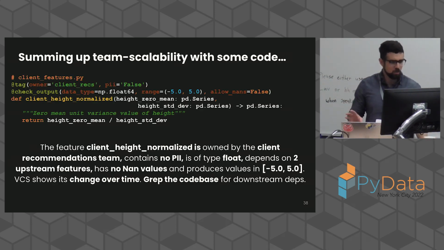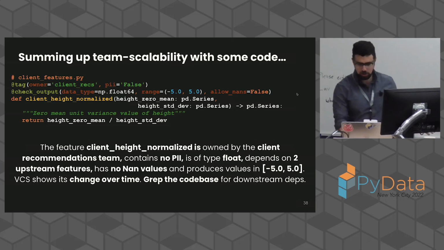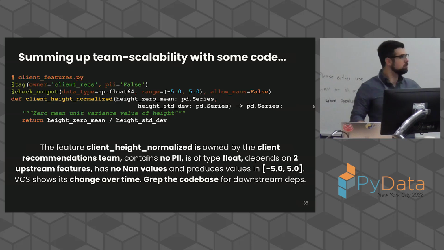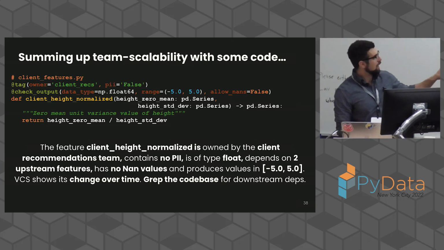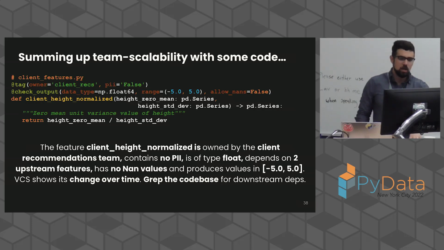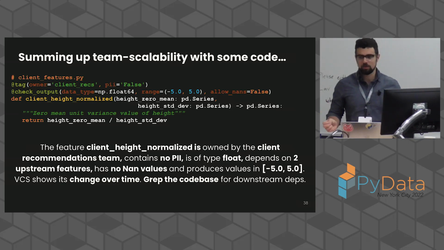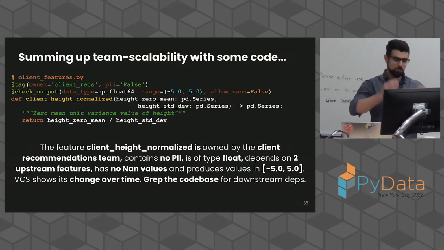All right, so to sum it all up, why I think this helps with the team scalability component, I want to share some code. The goal is that you should be able to look at this code, and if you're familiar with Python, it should be fairly obvious what it's doing. If you're not, my goal is to get it so anybody can read this, in the way Python did for programming, where it became much more English and much more readable.